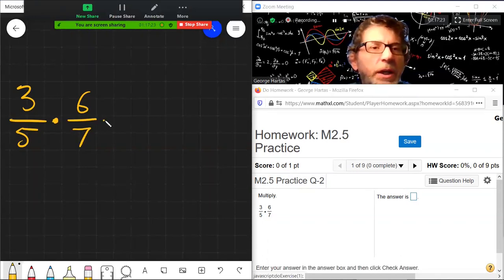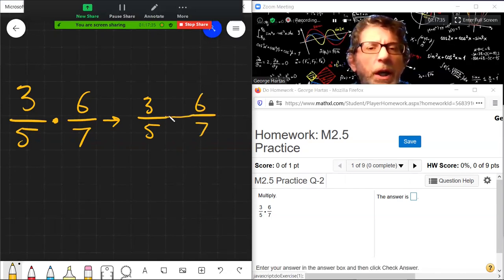So this is the same as 3/5 times 6/7, and then this multiplication dot becomes this bar here. So in other words, you have this long division bar, and on top, in the numerator, we have 3 times 6, and in the denominator, we have 5 times 7.